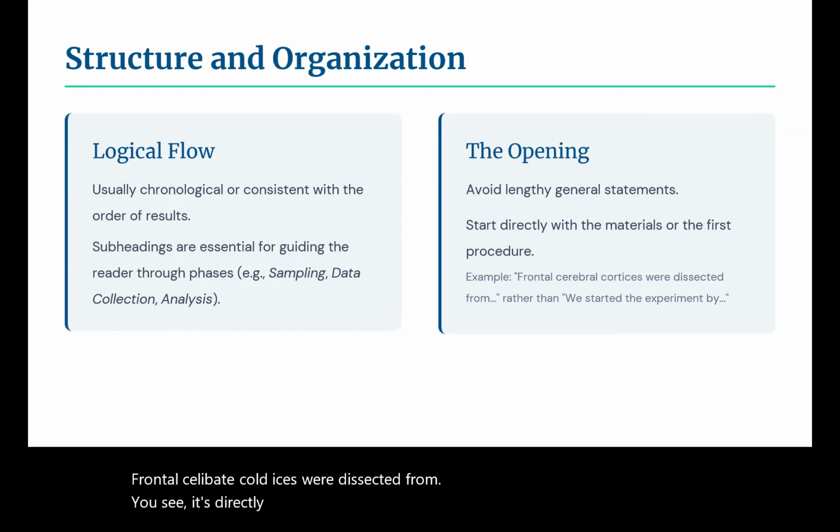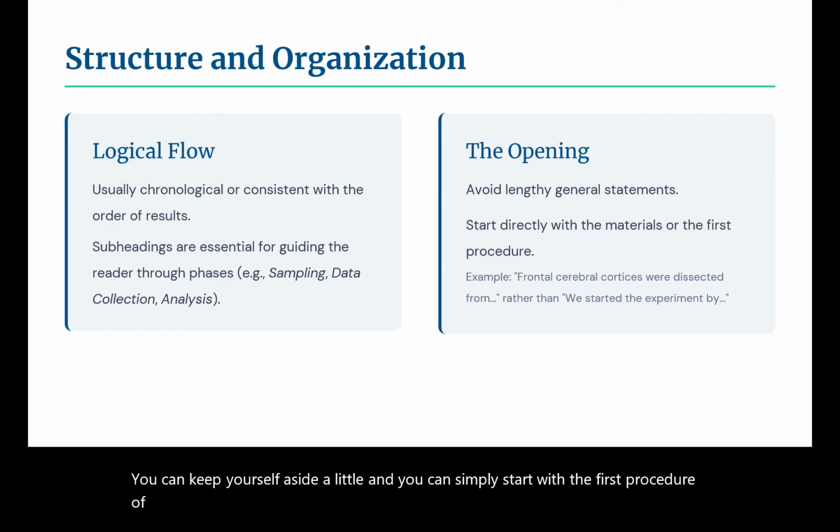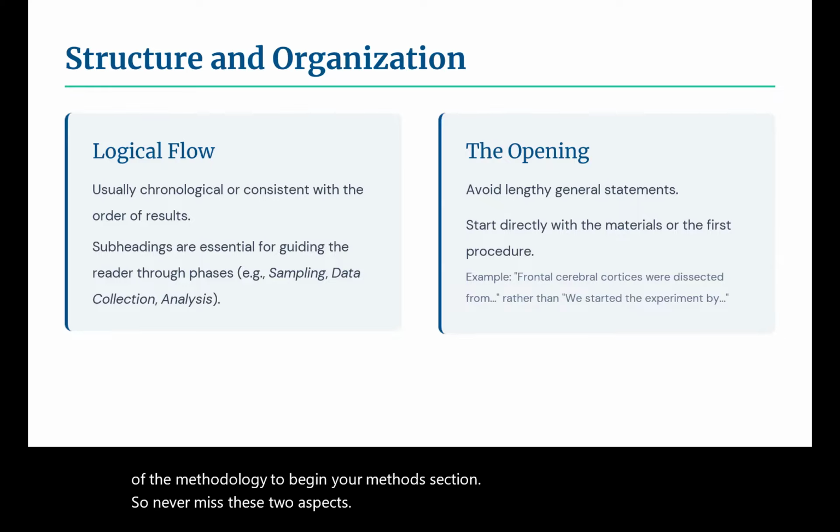And you do not say, we started the experiment by doing and doing and doing. Yeah, the offering could be somewhat like that, but you can keep yourself aside a little, and you can simply start with the first procedure of the methodology to begin your method section. So never miss these two aspects. Do not go into lengthy, general statements.